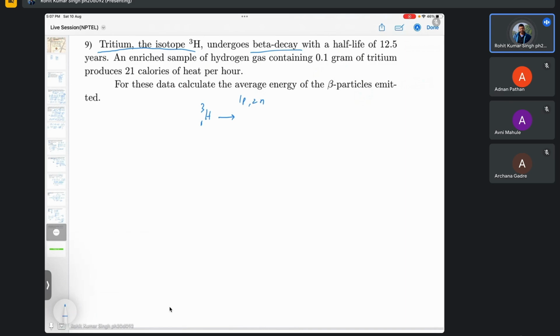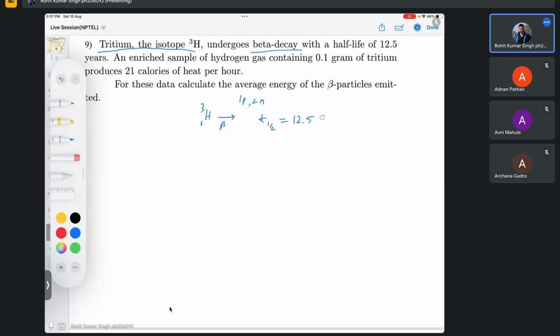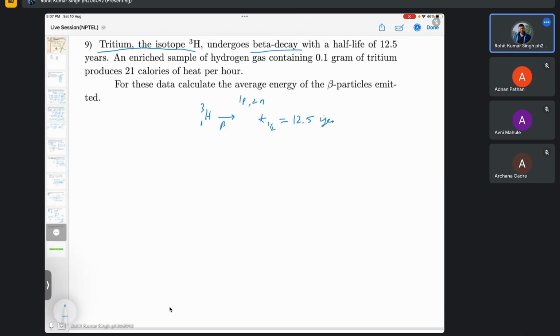So T half is given as 12.5 years. This problem is a little involved, so I'll go through it slowly.